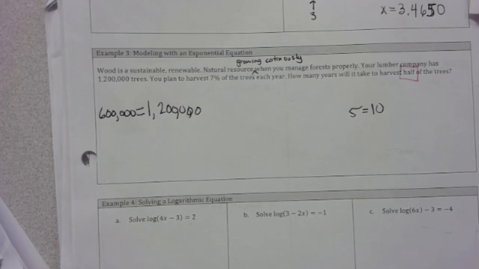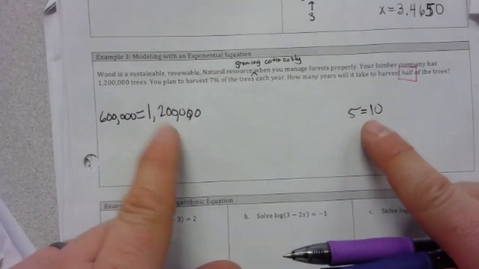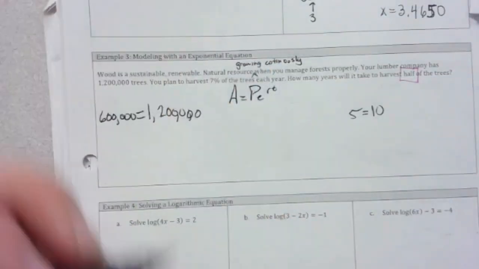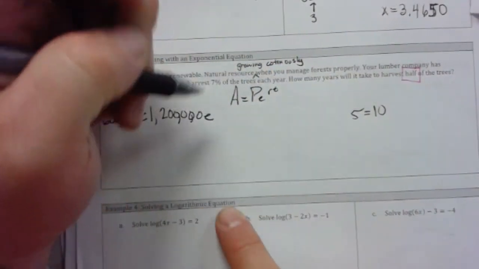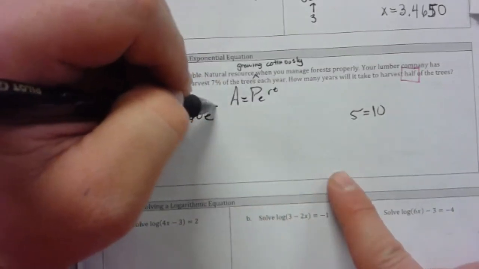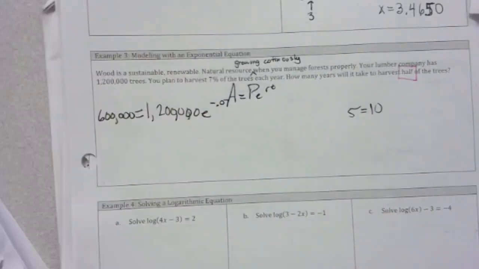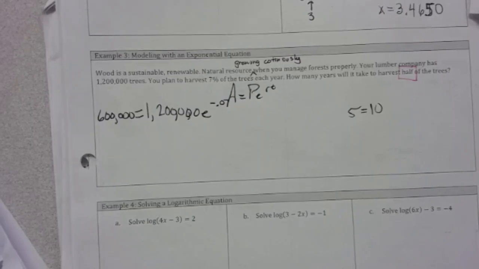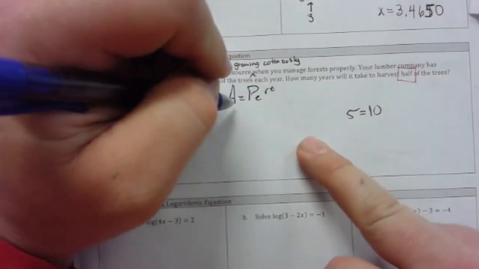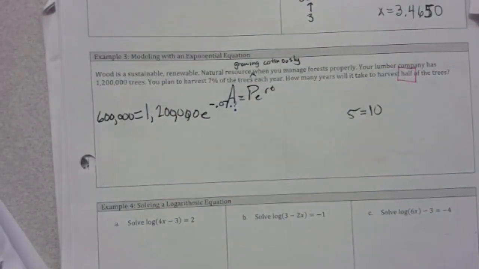Now we can actually use logarithms to solve this. Students, is this right here, is it isolated on the right side of the equal sign? No. What do I have to do with this 1,200,000? Don't I have to move it over? Right? So if I move it over, which means by division, all of this simplifies to be 0.5.